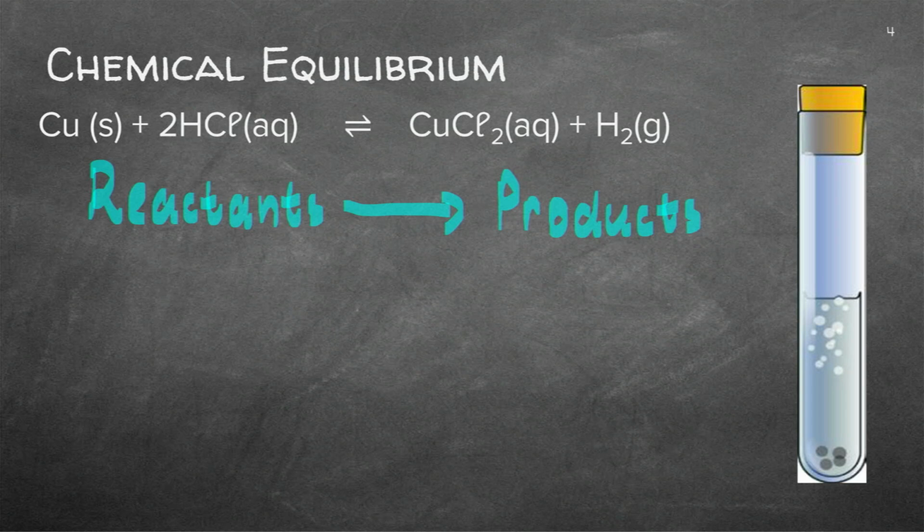If it's a closed system, like for instance here, where we've got that stopper or lid on it, we'll also find a point where the products will then slowly become reactants until we reach the point where the products will remain the same. The reactants will remain the same.